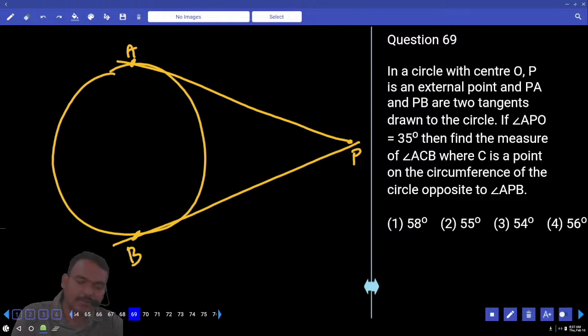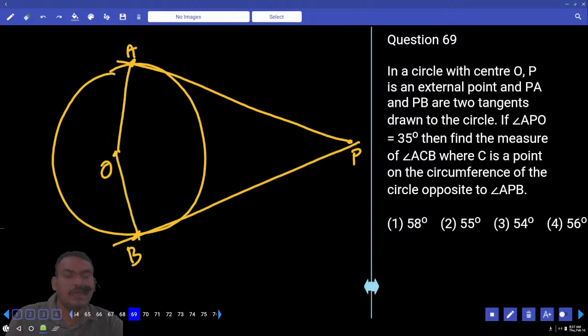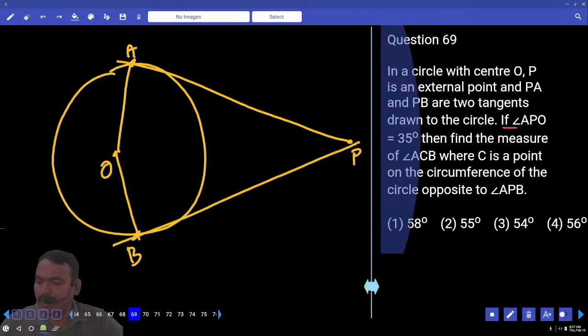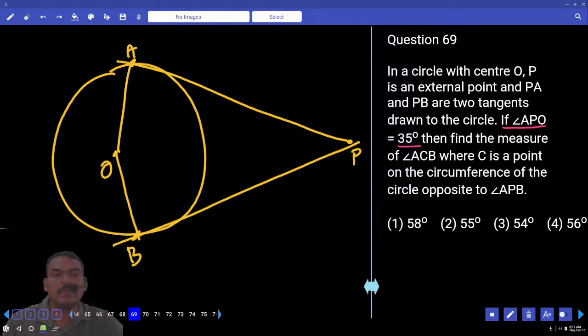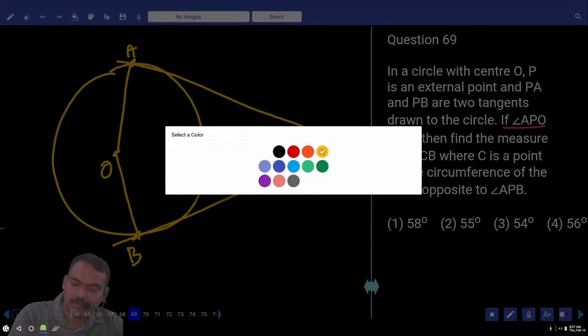O is the center of the circle, and OA is the radius, OB is also a radius. One more thing: angle APO is given as 35 degrees.